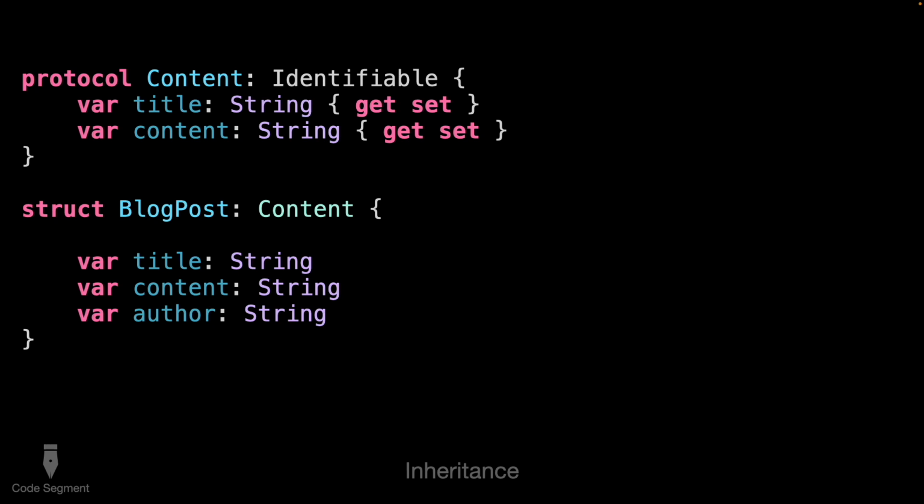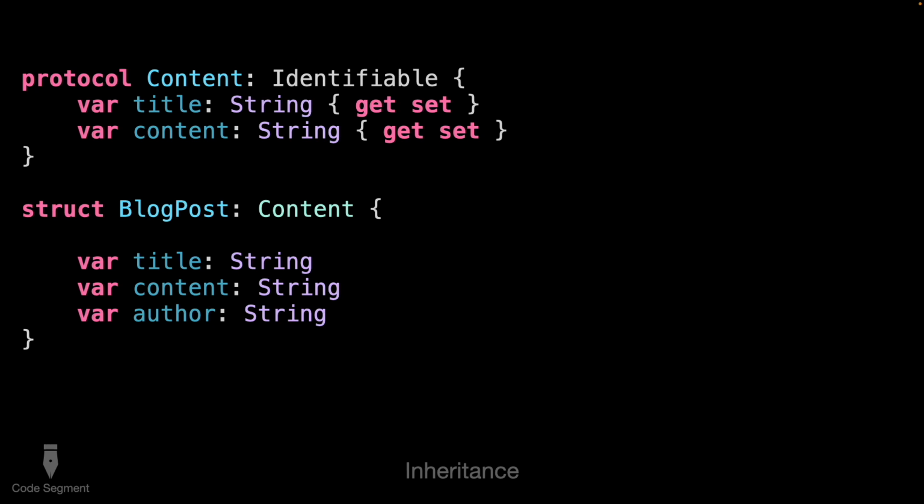So in this case, if you're saying I adopt the Content protocol, you're also saying I adopt the Identifiable protocol, which means you have to conform to it. So if you write Identifiable and then you don't make a change to BlogPost, you'll get a compiler error saying, hey, BlogPost doesn't conform to the Identifiable protocol, okay? Because that's been combined and it's a part of the contract between Content and BlogPost, that BlogPost implement whatever Identifiable requires.